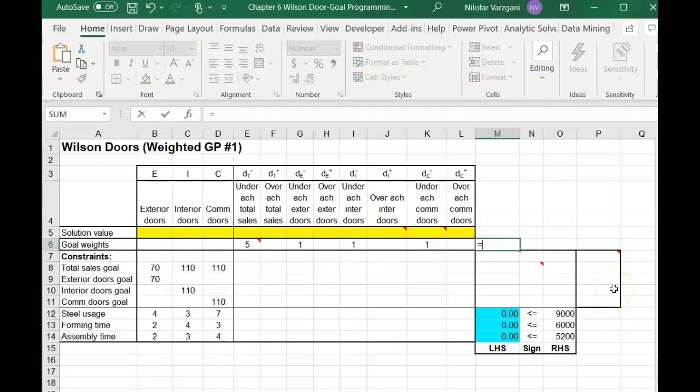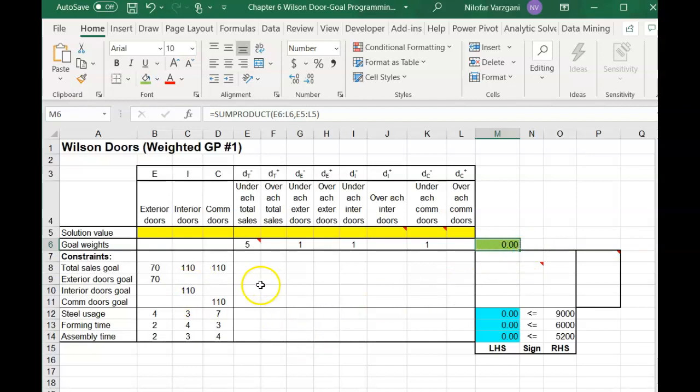So now our objective function would be the sumproduct of these weights with our deviation variables. Notice that the original decision variables E, I, and C do not go into your objective function anymore. That's because we're going to add them as constraints in our GP model. So this cell here, M6, is going to serve as my new objective function, and I'll highlight this in green so that I can remember that when I move to the Solver window.